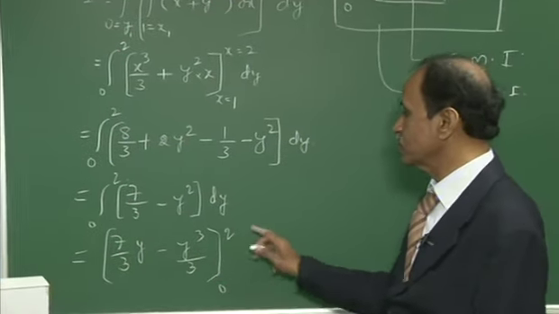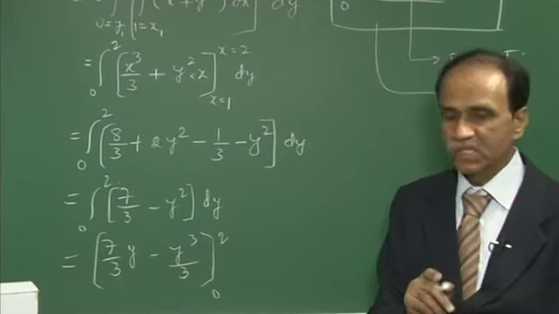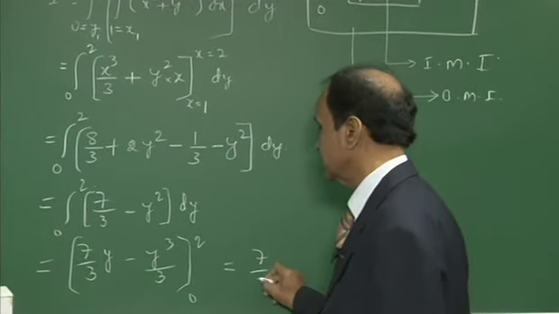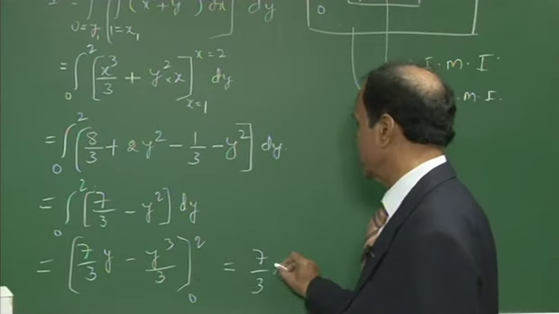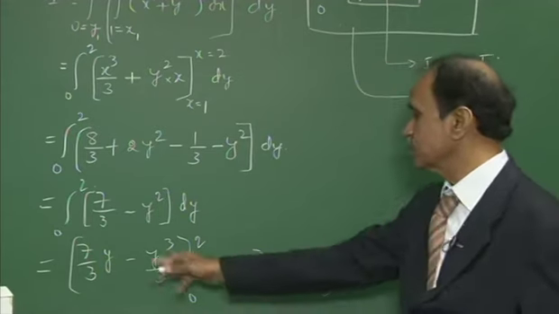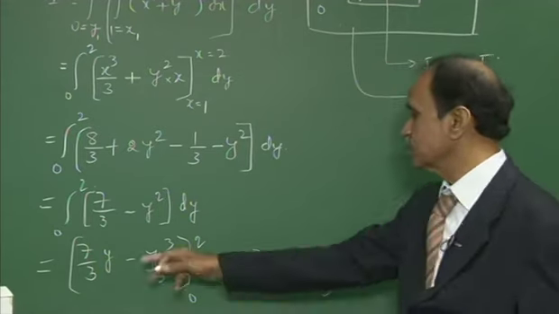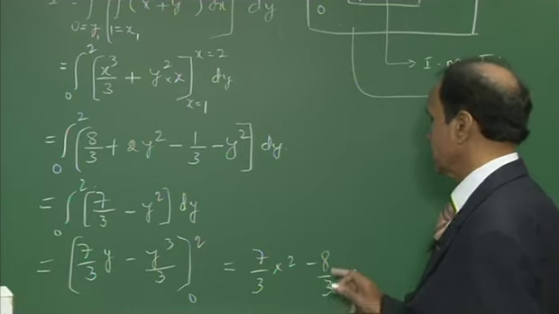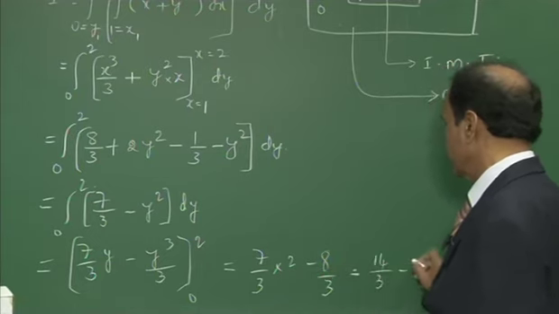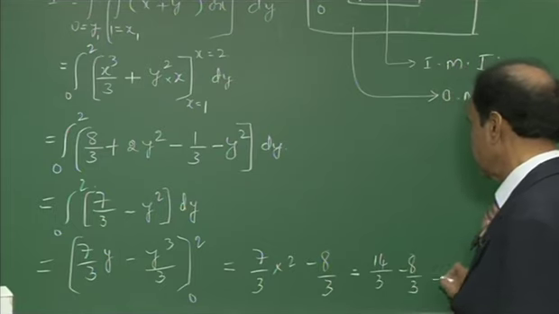Therefore, put y equal to 2 and then put y equal to 0. You have to do the simplifications, that is 7 by 3 into 2 minus 8 by 3. Obviously, for the lower limit, when y equal to 0, that becomes 0. Here 3 is the common LCM, 14 by 3 minus 8 by 3.